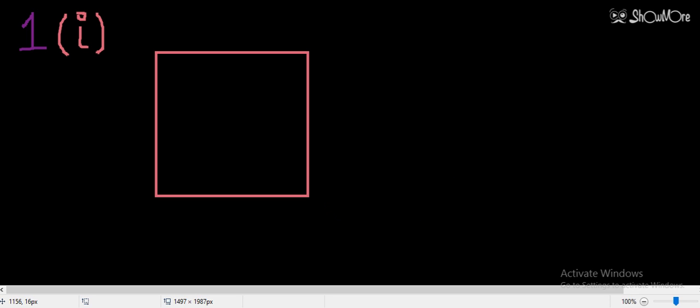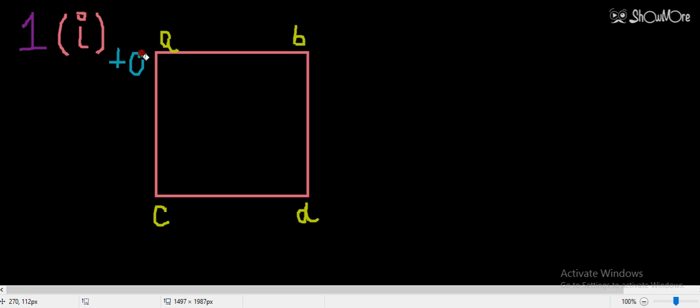According to the question, this is A. Let's mark here: this is A, this is B, this is C, and this is D. Here at the four corners some charges are placed.